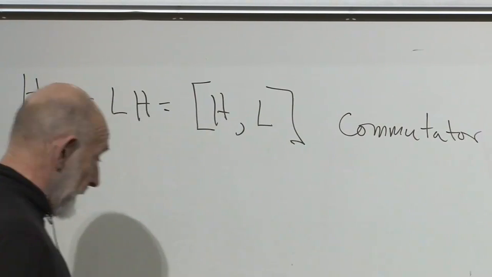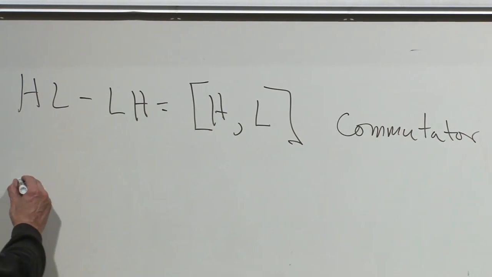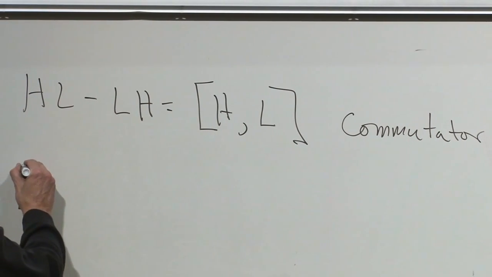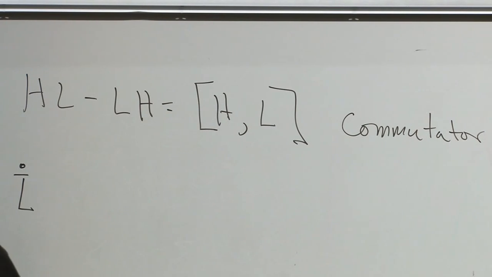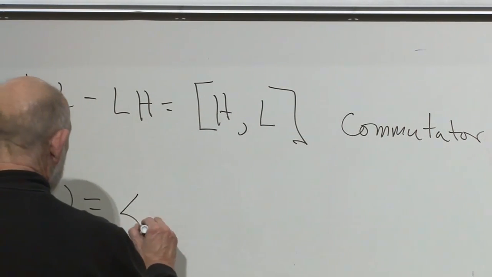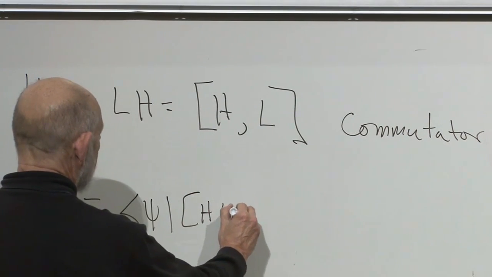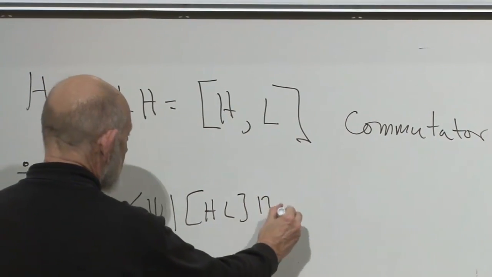But it's called the commutator. And so what we have here is the equation that the average of L at any given time, the average of the time derivative of the average is equal to psi commutator HL psi.